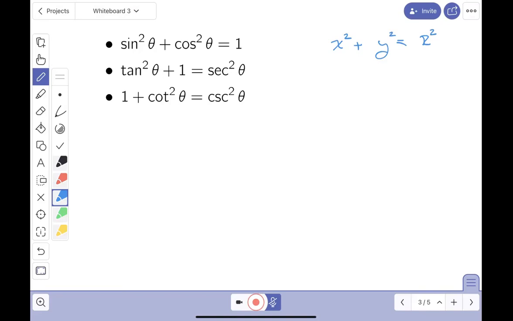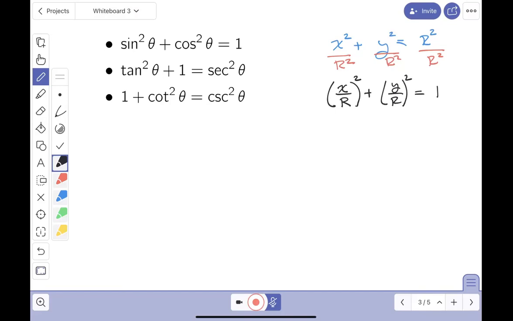What I'm going to do is divide both sides by r squared. Someone says, why would you do that? It could be pointless, but it's easy. So what do you get? 1. That's easy, right? Now, x squared over r squared is simply x over r, squared. y squared over r squared is simply y over r, squared.